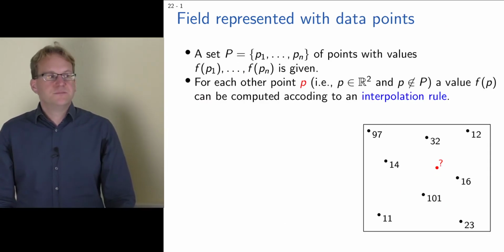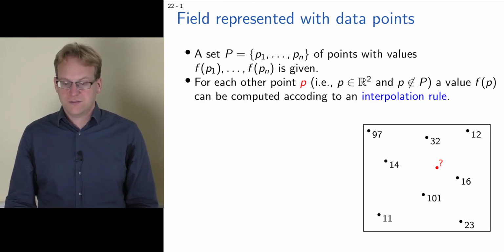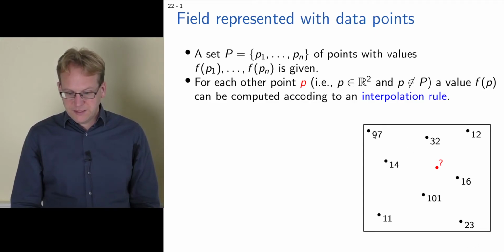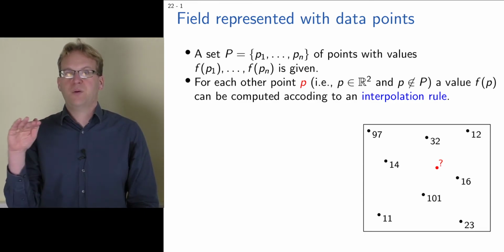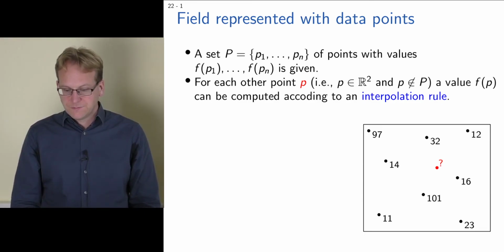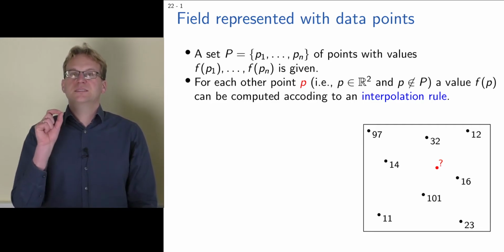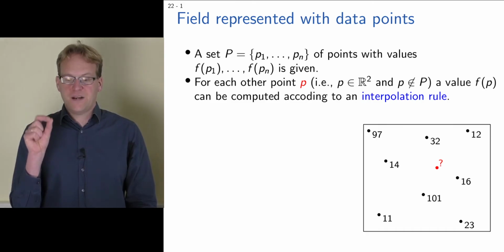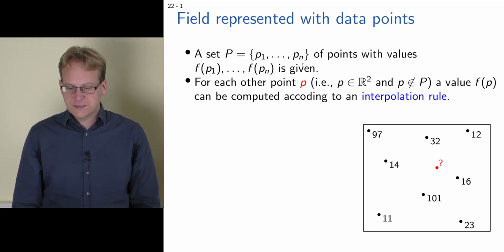So there's more about fields. We can represent fields also with a collection of data points. Let's say we have these n data points to represent a surface, maybe the surface of the topography. For every point P, we are given the value of the function, the height of the surface, for example. So that is our input: this discrete set of points together with values at those points.